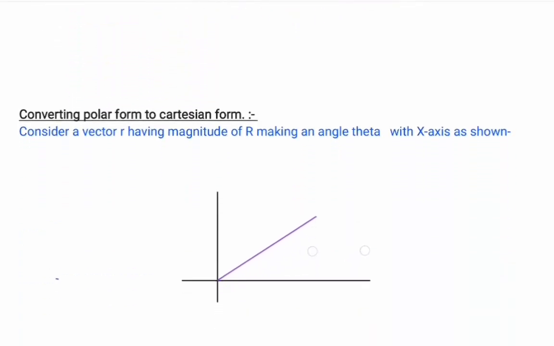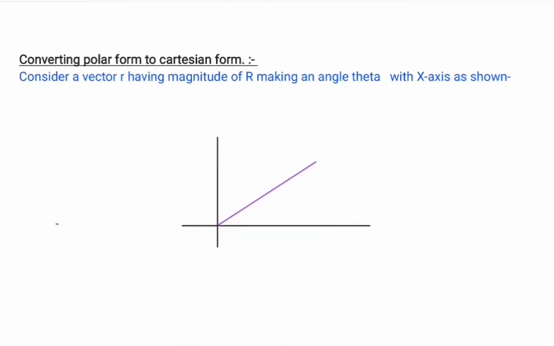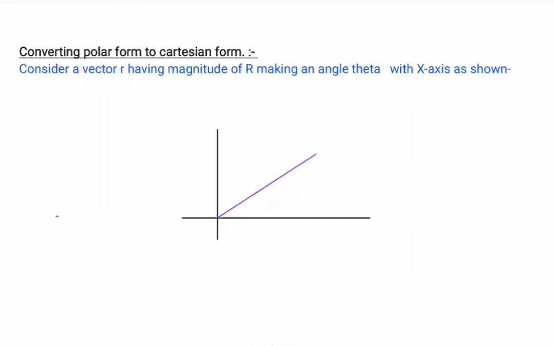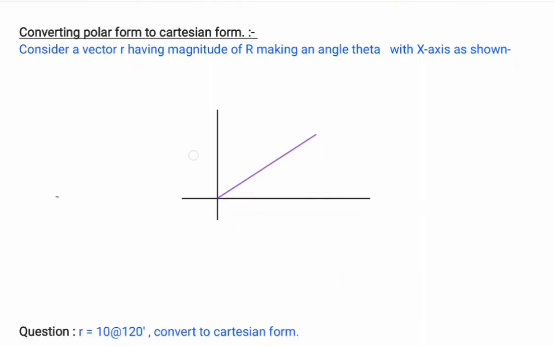First we will see how to convert a polar form into the Cartesian form. Suppose in a numerical the vector is given in polar form; how do we get its Cartesian form?